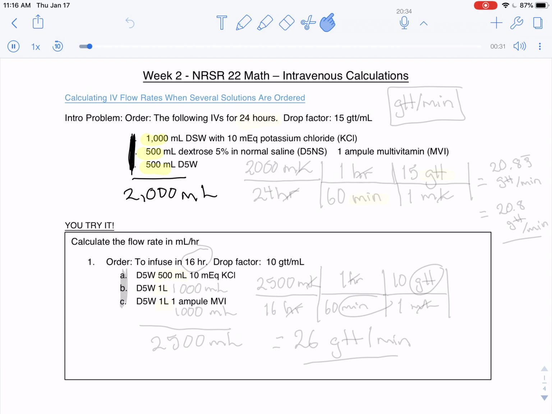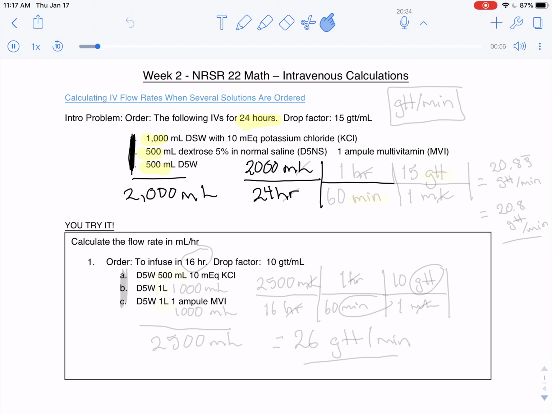Our instruction says that we are going to use the following solutions for a total of 24 hours. So then we would write this problem as such, so 2,000 milliliters over a period of 24 hours. And then from here we also want to convert the hours.